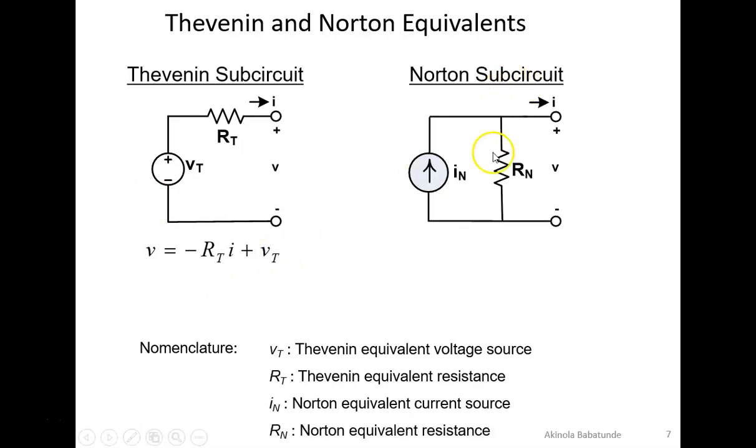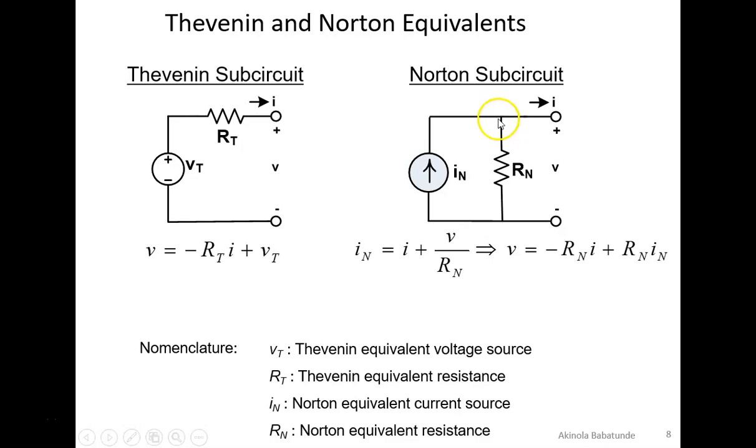For the Norton subcircuit, you can see we have In representing I Norton, and Rn representing R Norton. We also have our terminals here, and you can see the flow of current. In this particular case, we can apply KCL at this node.